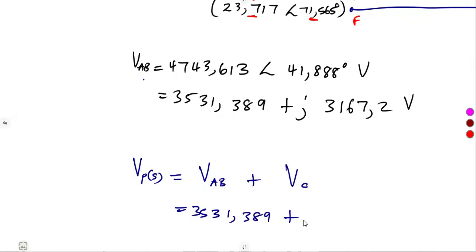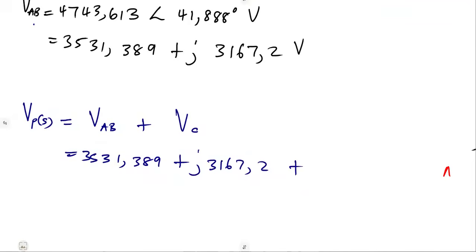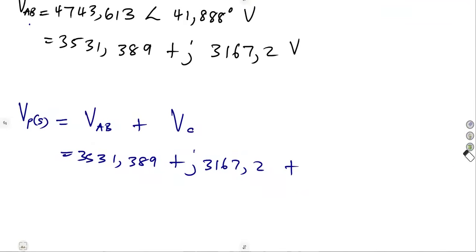So guys, once you just work these out, you won't have any problem adding the voltage across the capacitor. We had this value, guys. We calculated this one before. Remember, that was 80,474,507 plus j.